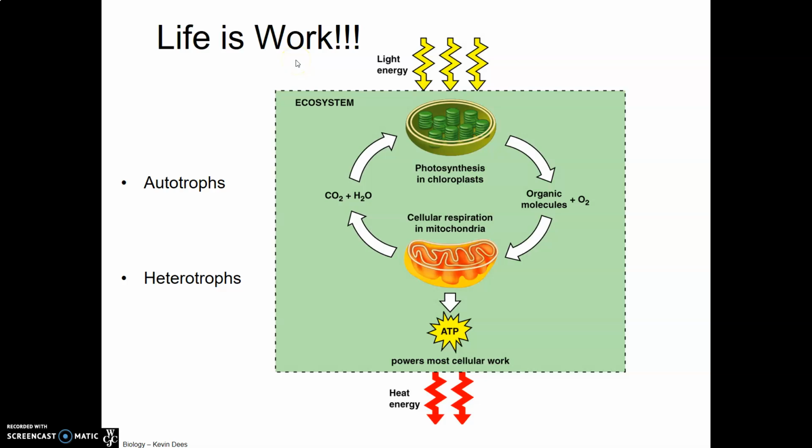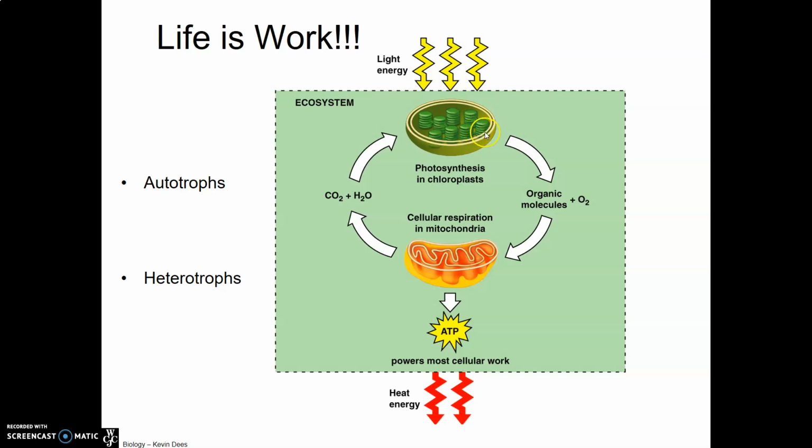And if we wanted to break down the basic energy transformation pathways that we see driving living systems, we recall that autotrophs, these organisms that are self-feeders, are able to take inorganic carbon in the form of carbon dioxide and water, and then using an input of energy in the form of light from the sun, they harvest this light energy in a process called photosynthesis in their chloroplast.